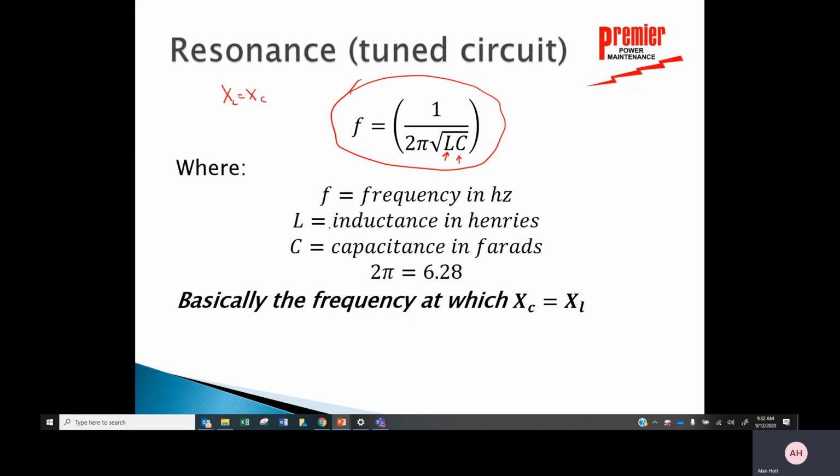But frequency, inductance in henries, capacitance in farads, always 2 pi, 6.28. So basically the point at which X sub L equals X sub C is called resonance. And so we need to understand what this whole concept of resonance is.